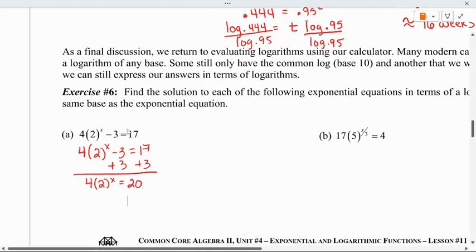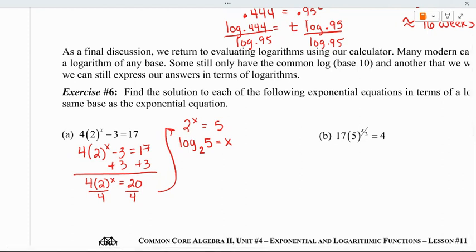Next, we're going to divide both sides by 4. So 2 to the power of x equals 5. This is the same thing as saying log base 2 of 5 equals x. That's what we're trying to find. We're trying to find that exponent.